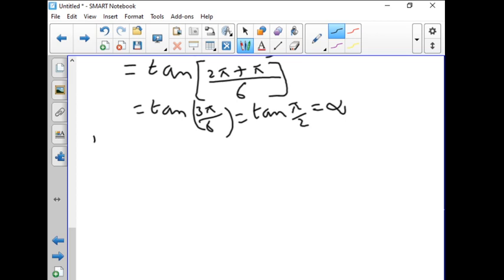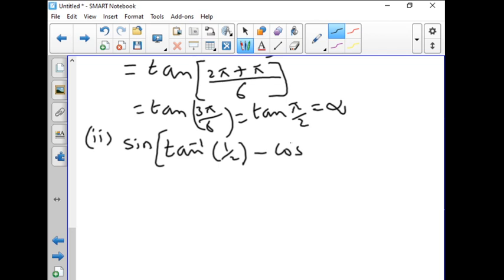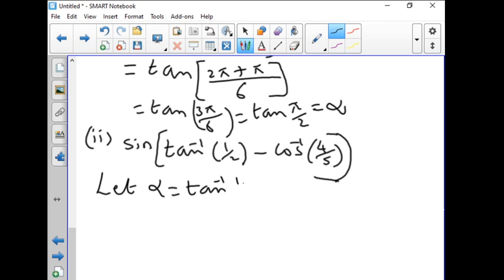So the second subdivision is a little different. We have not seen such a type in the previous exercise. Okay. So sin of tan inverse of 1 by 2 minus cos inverse of 4 by 5. So here, let alpha be equal to tan inverse of 1 by 2.